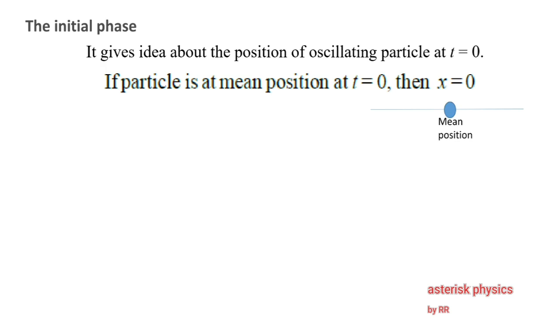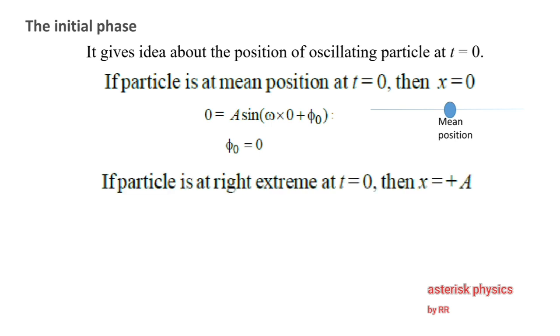So substituting this condition in the equation x is equal to A sine omega t plus phi 0, we get 0 is equal to A into sine omega into 0 plus phi 0. And this equation holds true only when phi 0 is equal to 0. So when the particle is at its mean position at the start of the experiment, that is at t is equal to 0, we can say that the initial phase of the particle is equal to 0.